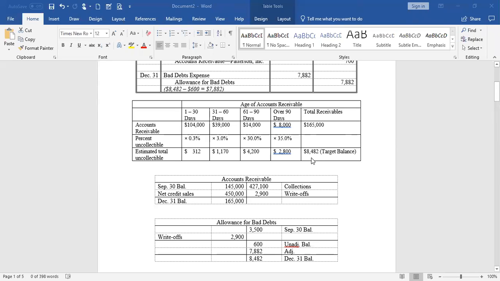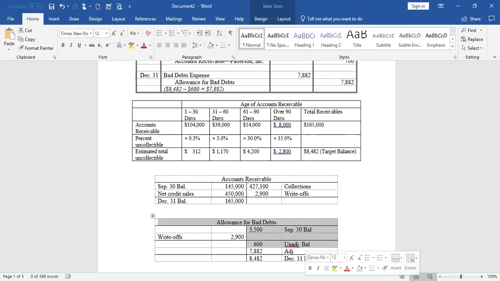Well, what you just determined is what the new balance after the journal entry is going to be in your allowance for bad debts. So what you need to know before you make your journal entry is, what is the current balance in the allowance for bad debts? So I'm highlighting it now. Remember, we start with a credit of $3,500.